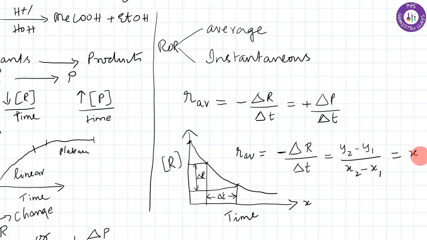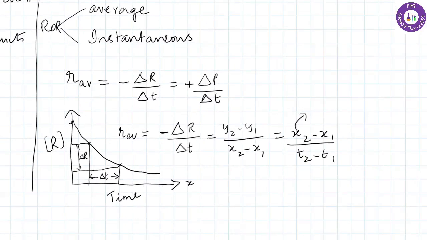If you take the concentration to be x, that will be x2 minus x1 divided by t2 minus t1, where x represents the concentration of the reactant. So this is called as the average rate of a reaction. So you take any random 2 points எடுத்து நம்ம பண்ணுவோம்.